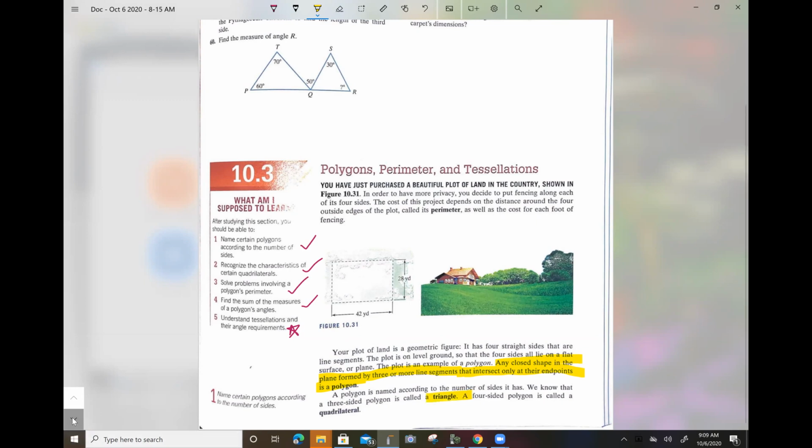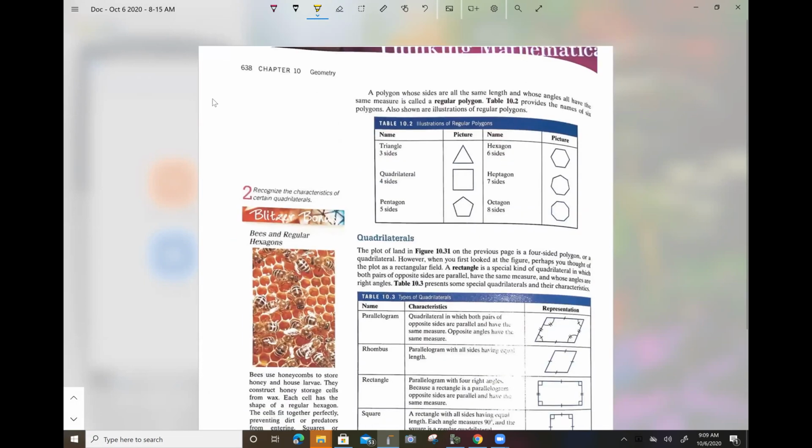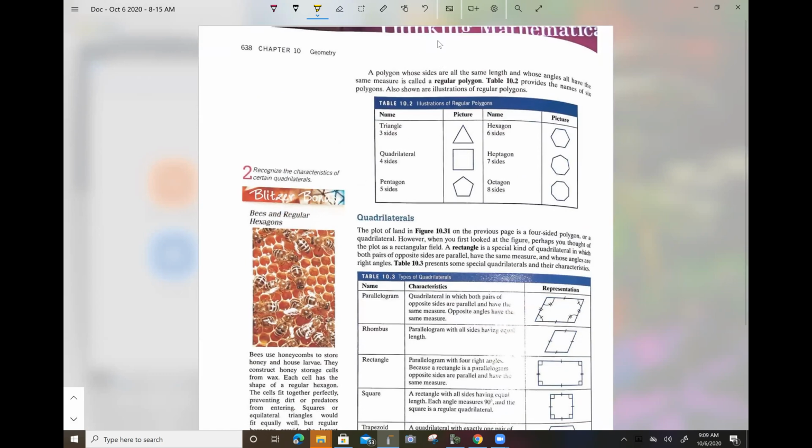A 4-sided polygon is called a, say it with me, quadrilateral. Where did it go? Well, it's a quadrilateral. Trust me on that. So triangle, 3 sides, quadrilateral, 4 sides, pentagon, 5 sides, hexagon, 6 sides, heptagon, 7 sides, octagon, 8 sides.